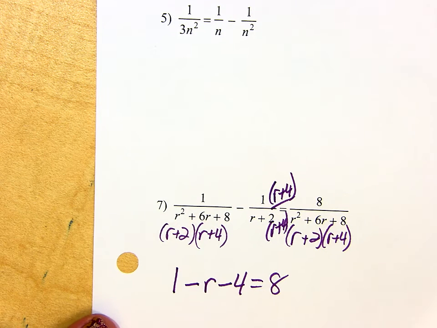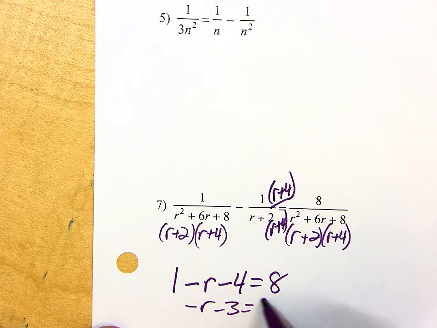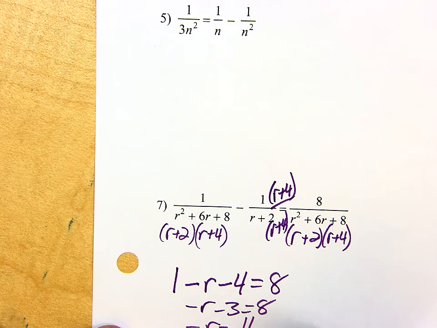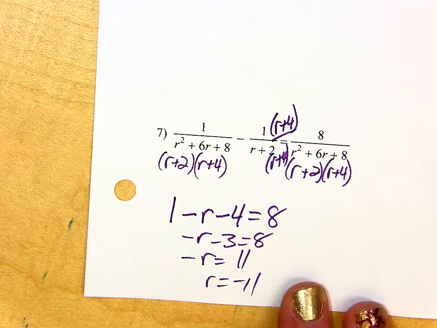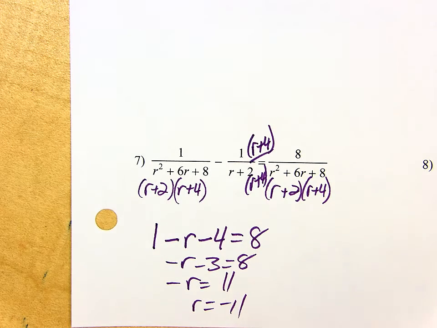And now you can just solve like you normally would. Did you get what I got? Is this okay? It seems weird, but once you try a bunch, it's not so bad.